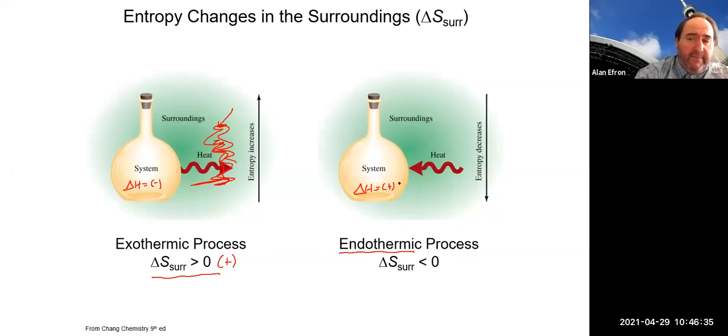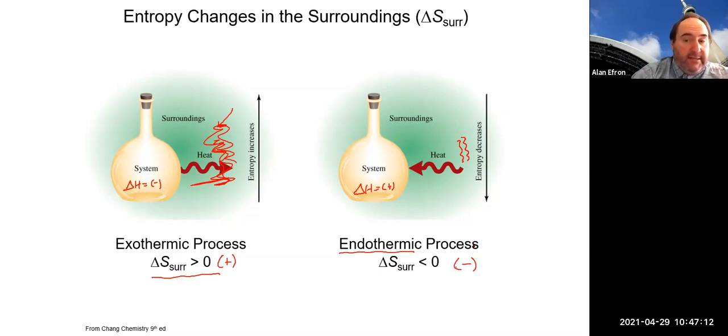Well, if the surroundings are losing energy, if you just think about gases, for example, they're going to now be moving around a lot slower, right? So there's a lot more order happening here in the surroundings as the surroundings loses that energy. We would then expect more order in the surroundings. That would mean our delta S of the surroundings would be less than 0, and we would expect a negative value here for our delta S of the surroundings. Any questions on that?